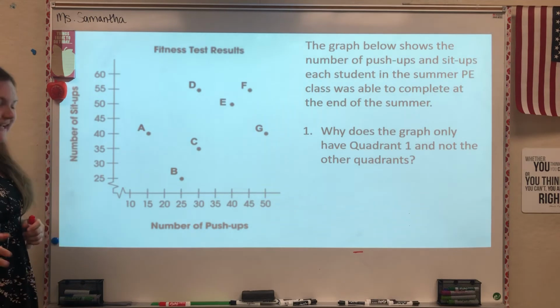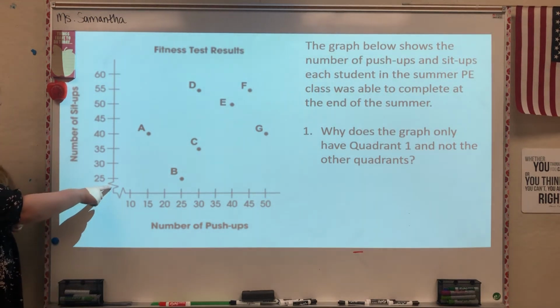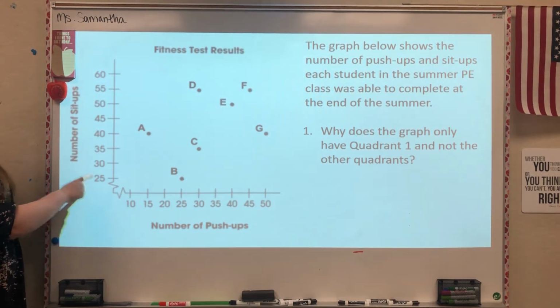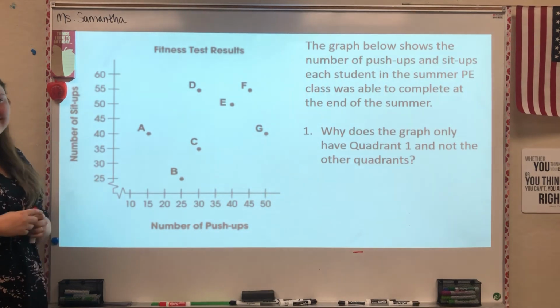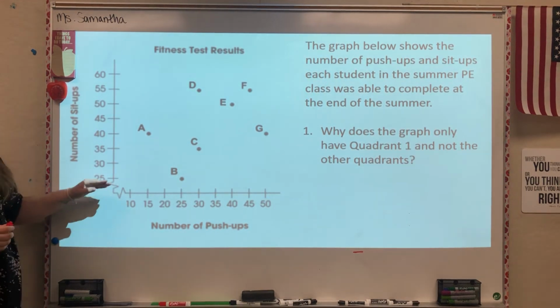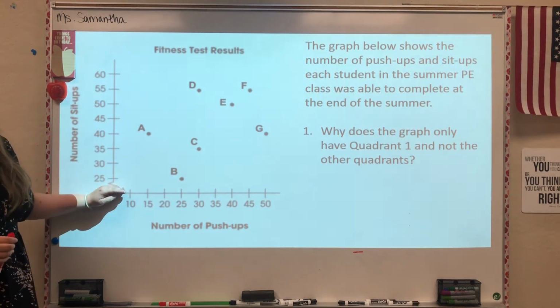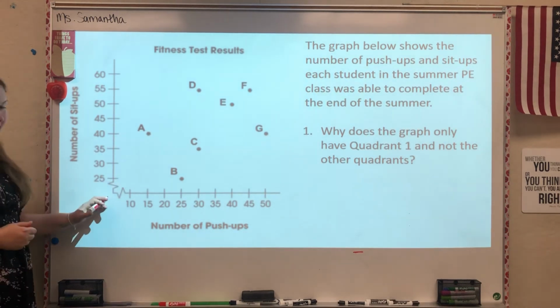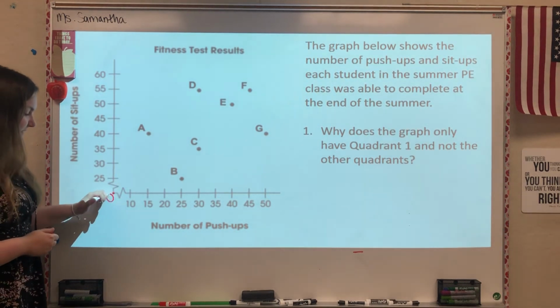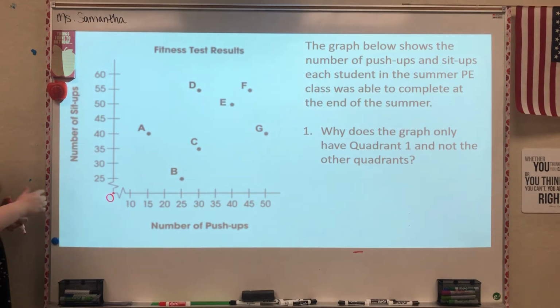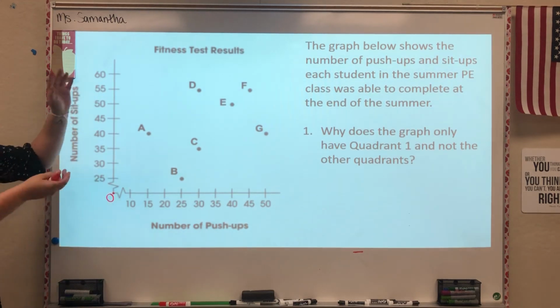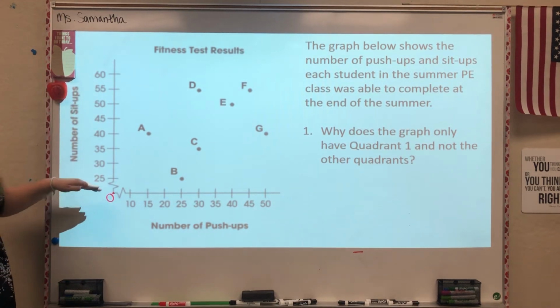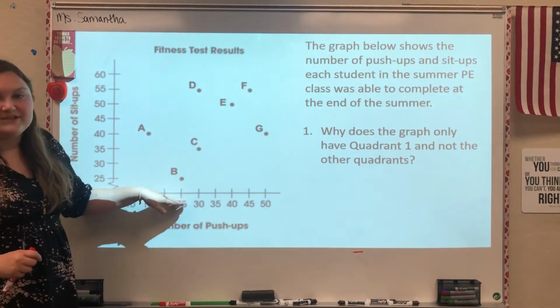Sometimes students notice this little zigzag line here. Do you know what that zigzag line means? That zigzag line means you're skipping some numbers. So just like always, right here in the middle is our 0, but they didn't want to have to write, when they created this graph, 5, 10, 15, 20, then 25, because notice none of these points are below that.